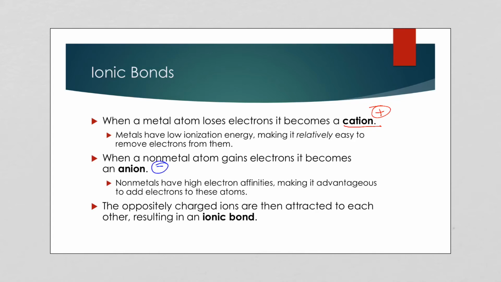Because again, metals have these low ionization energies, easy to remove electrons. Non-metals have good electron affinities. They really want those electrons. So we get a good combination, positive and negative, and we form the ionic bond. And this results in our crystal lattice. Right, remember, no molecules here.